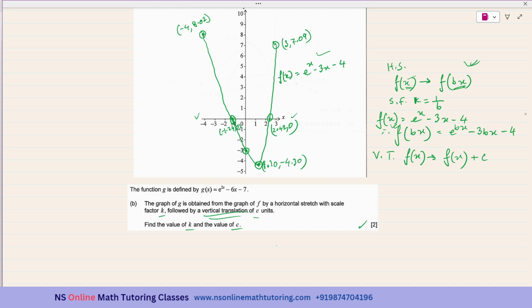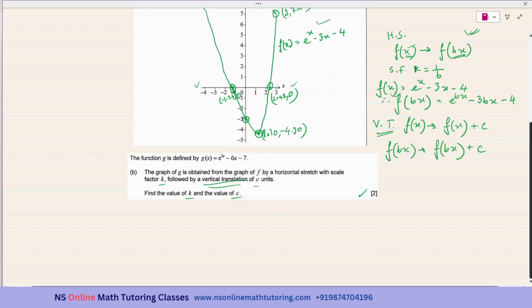After the vertical translation, f of bx is getting changed to f of bx plus c, and f of bx plus c is e to the power of bx minus 3bx minus 4 plus c. And this should be equal to g of x.